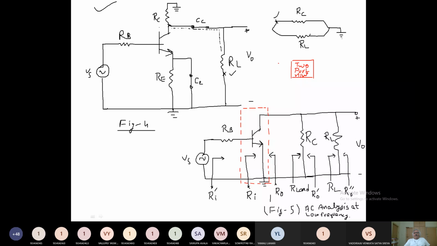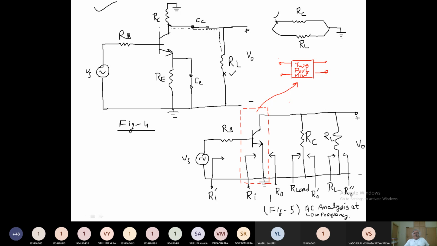In red color, it has the two ports like this. Two ports means four terminals are there. So if we are able to find out the parameters of this two-port network, then externally you can connect the resistors only in series and parallel.